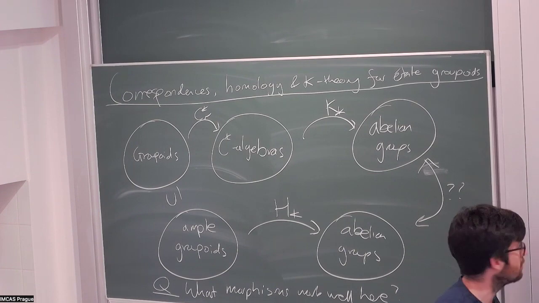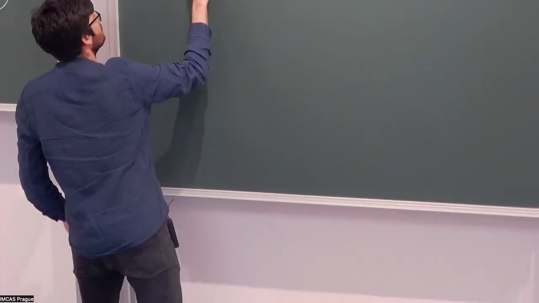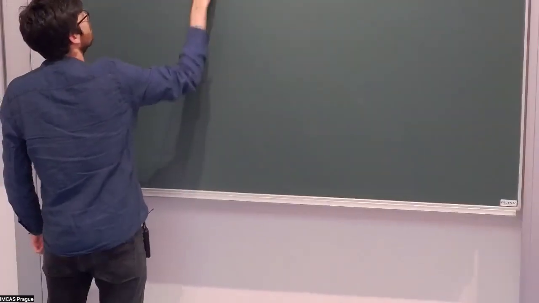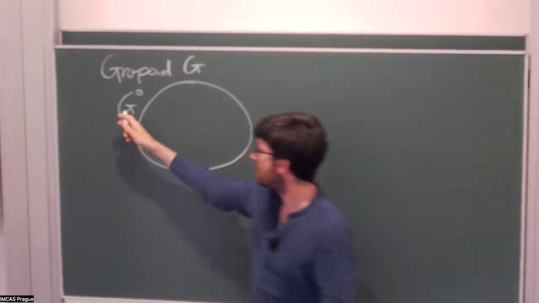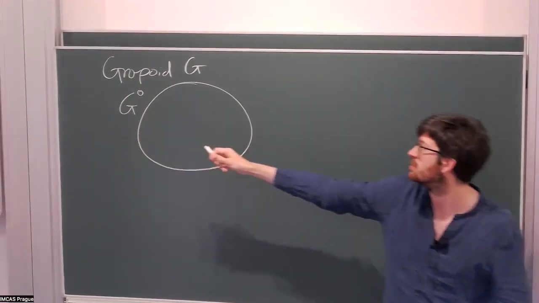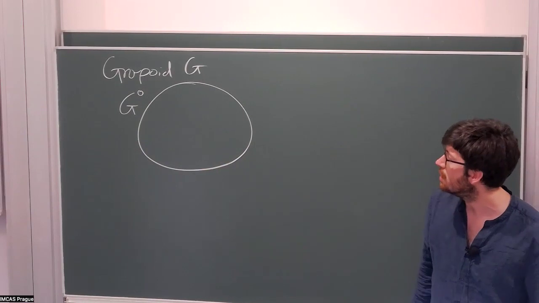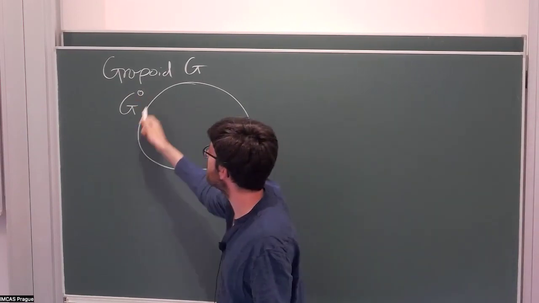So maybe I should clarify a little what I mean by groupoid. The way I'm going to think of a groupoid is that I have a distinguished space, G0. These are topological groupoids; everything's topological. So this is a topological space, G0.